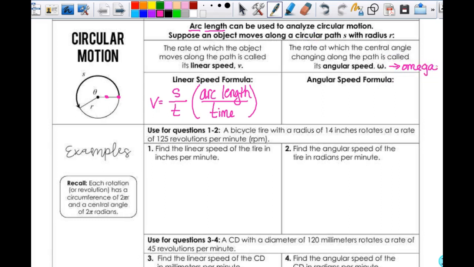So your angular speed formula is omega equals the change in the angle, which is theta, over time. So this is your central angle over time.